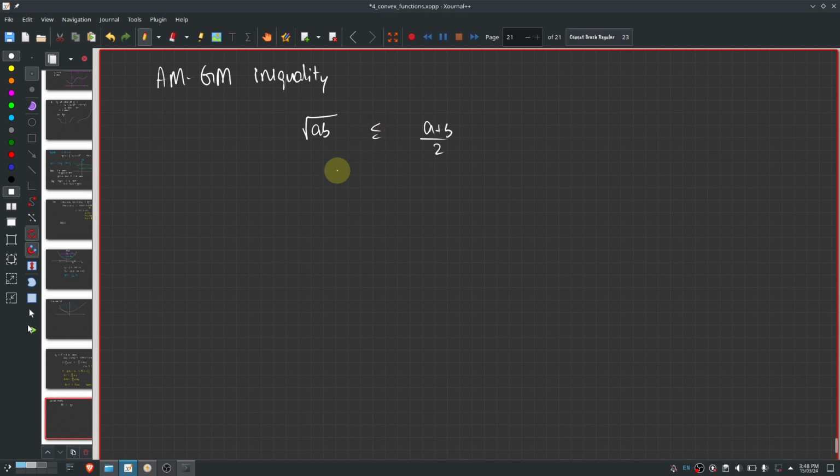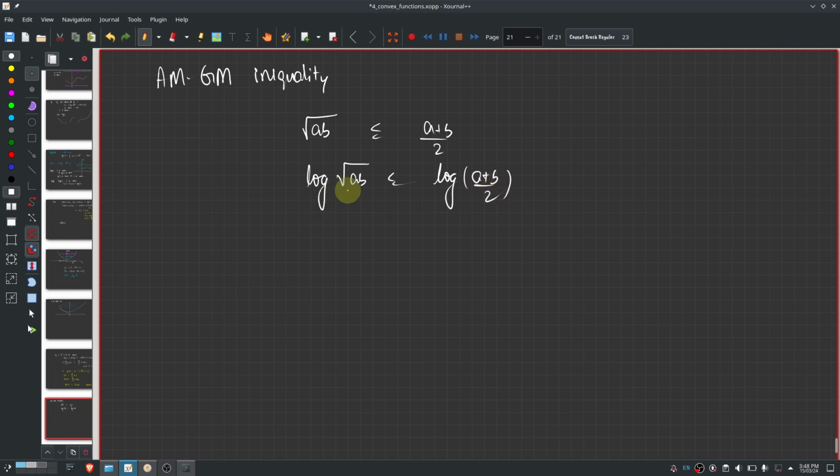But let's say I wanted to prove this. How would I go about trying to prove this particular statement, just using, let's say, Jensen's inequality? Exactly, so take log on both sides. Proving this is the same as proving that log root AB is less than or equal to log of A plus B by 2.